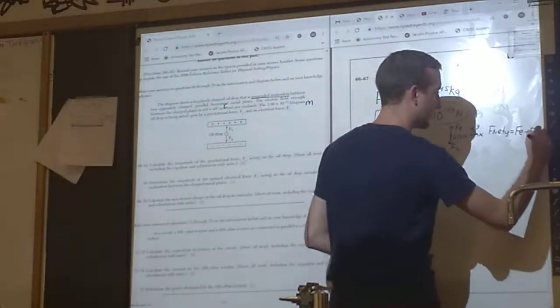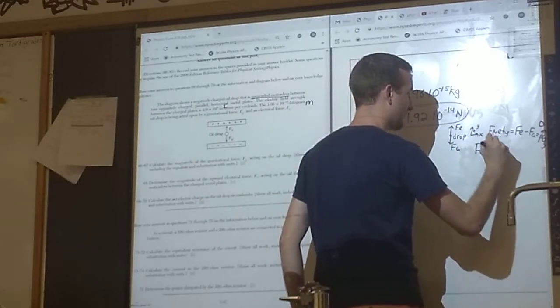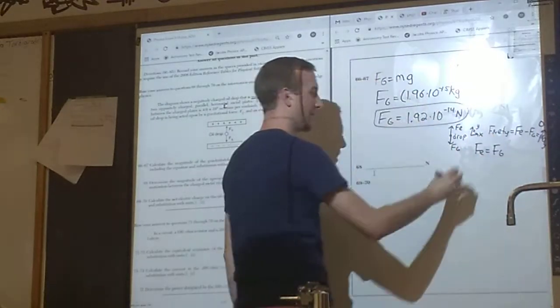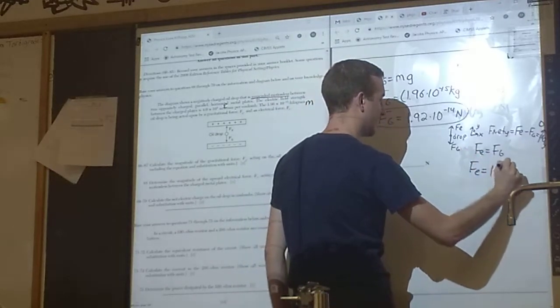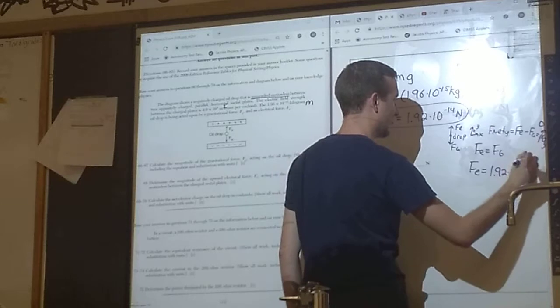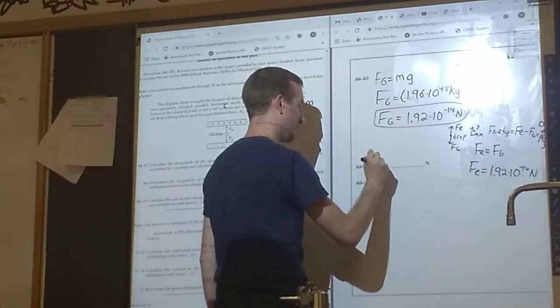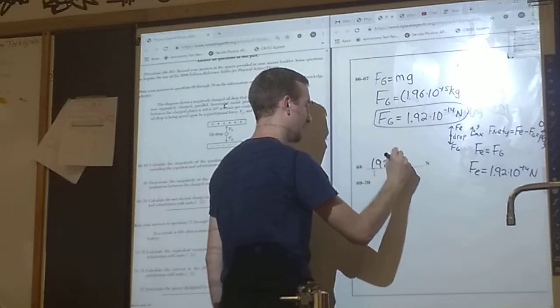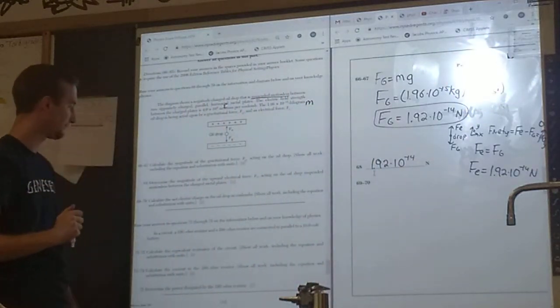That means our acceleration is 0. And I'm led to this, Fe equals Fg. I just figured out what Fg is, therefore Fe must be the same thing, since my free body diagram and net force equation lead me to the fact that they are equal. 1.92 times 10 to the negative 14th newtons is Fe.